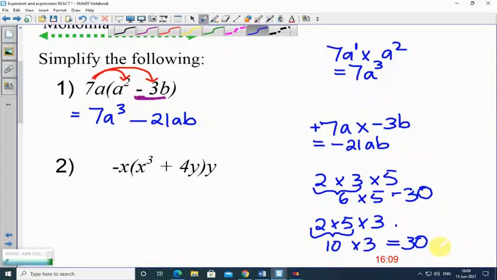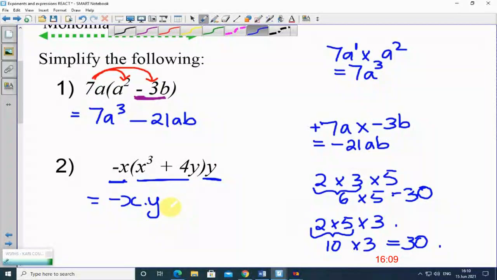So I think I'm going to move that y to be next to the x. This is saying minus x times the bracket times the y. So is it any different if I say minus x times the y, and then times the bracket? We just put algebra next to each other, which just means times.